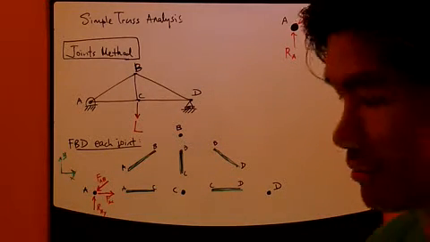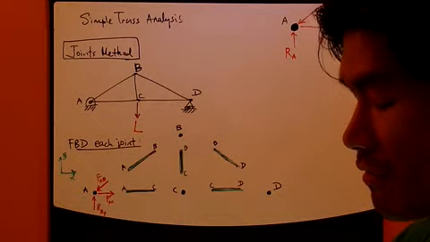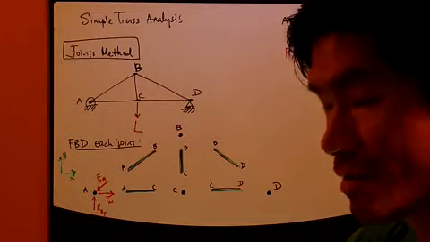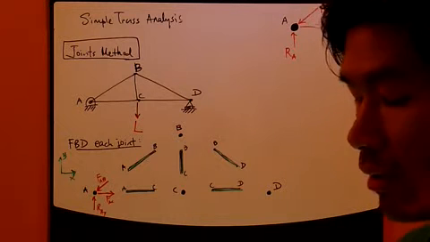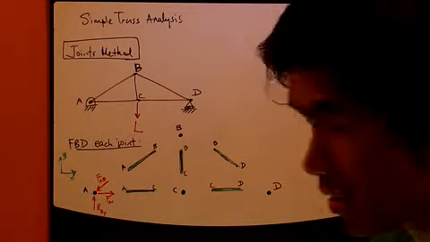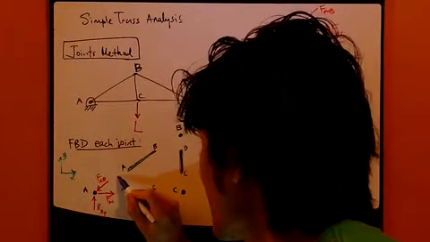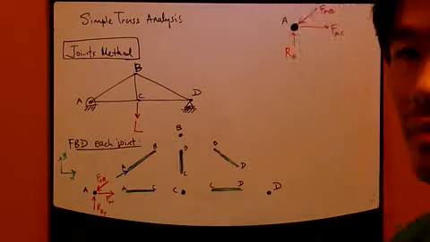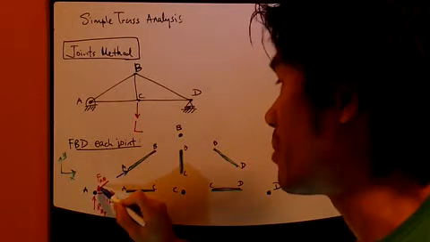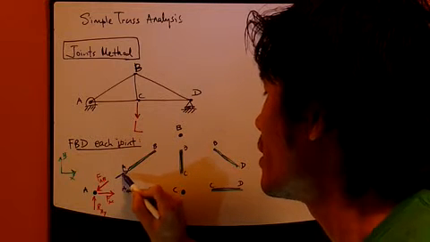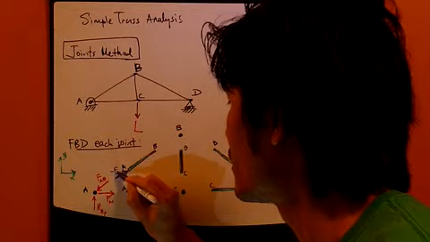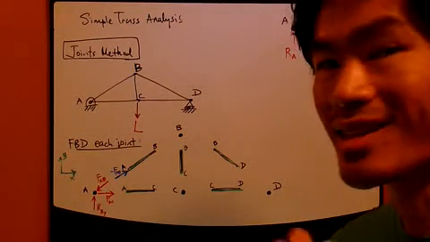Newton's third law tells us that for any object in equilibrium, for every action, there has to be an equal but opposite reaction. And the reaction force is exactly this. This is FAB going into the joint, coming from member AB. At the same time, this equal but opposite force, we'll just call it negative FAB, must exist.